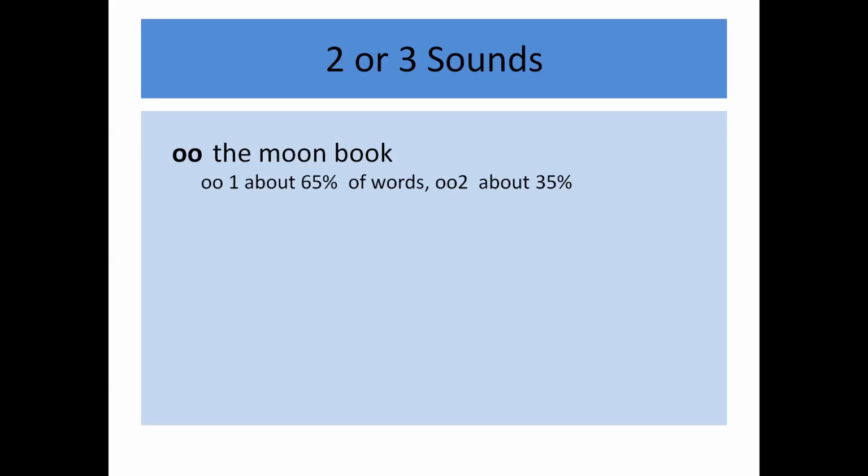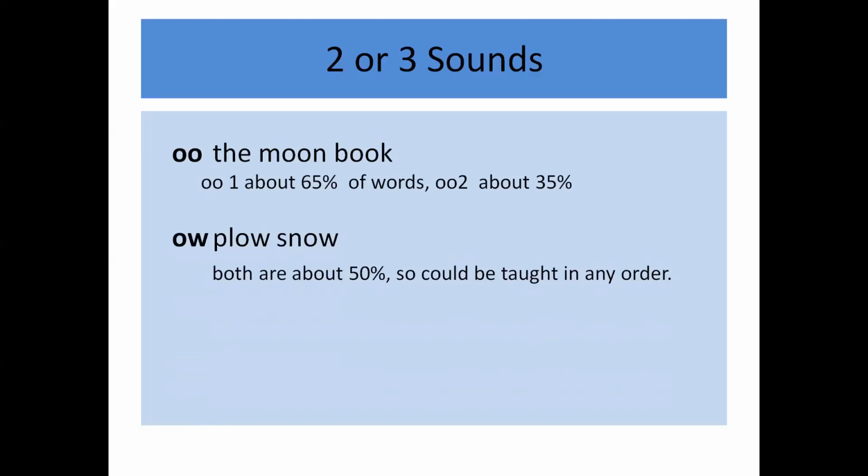So the two sounds for O are oo and... and it's important that children learn to distinguish from upper, book. Okay, OW makes two sounds, like we see in plow, it's making ow, and in snow, it's making O. And these actually occur about 50-50, so you could do any order you'd like there.